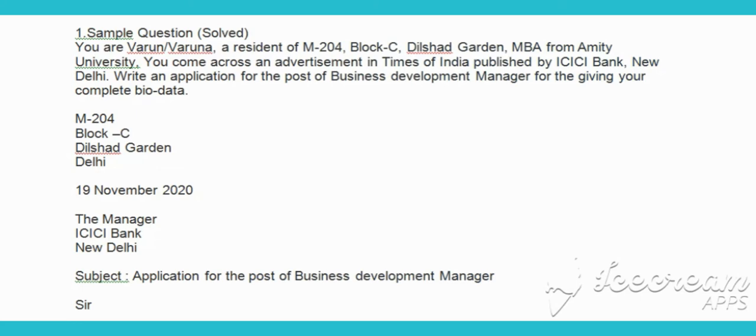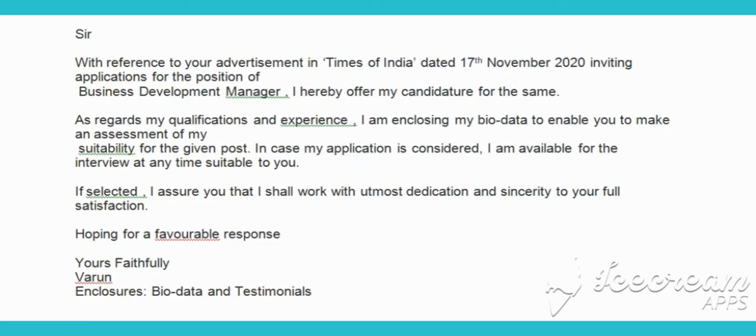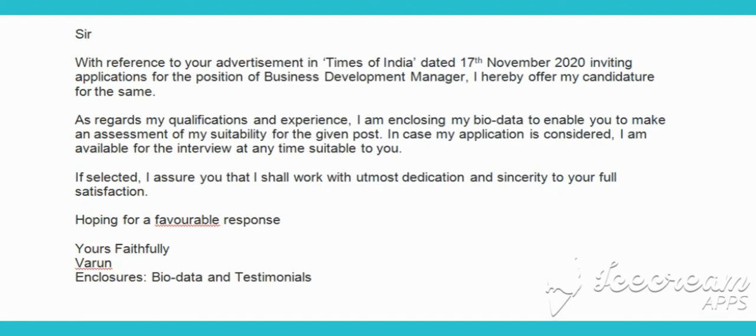Okay, this line you can use with reference to your advertisement in the name of the newspaper, date. There are 3 paragraphs. First one is about reference, and then the second one is in short about your qualification, and there should be one assurance from your side of how you will work after getting the job. And the last line must mention biodata and testimonials enclosed.